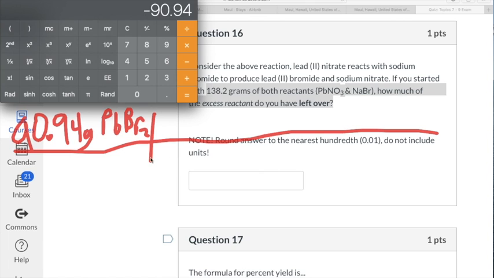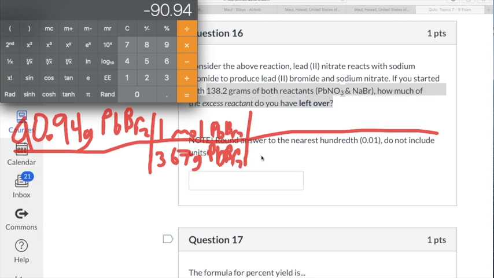And I will write down how many grams that is, which is 367 grams per mole of PbBr2, for every 1 mole of PbBr2. Write down my unit down here.